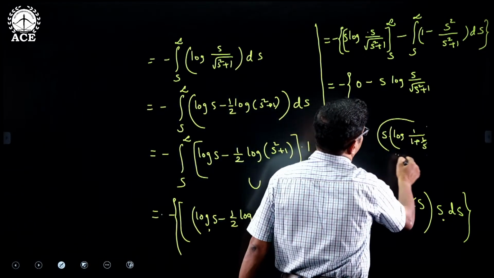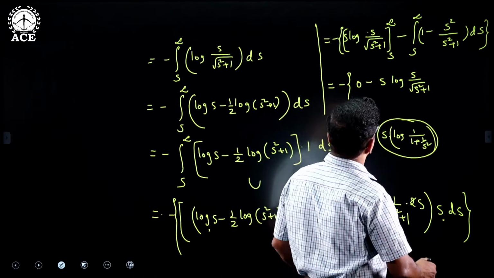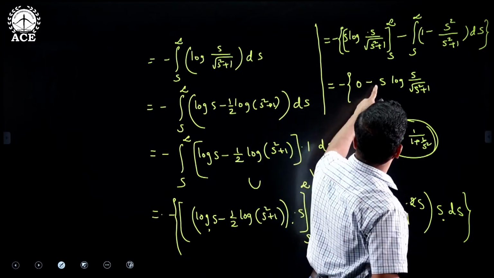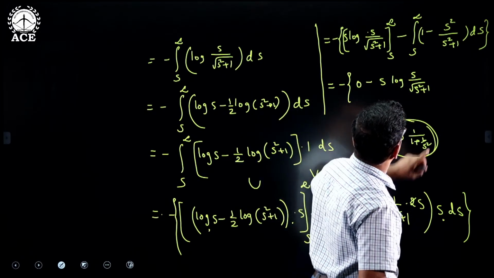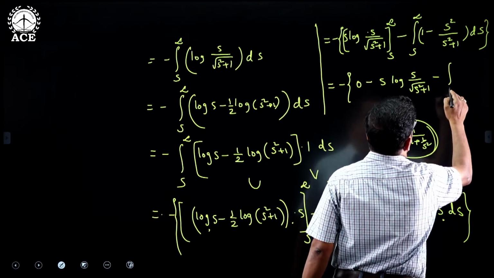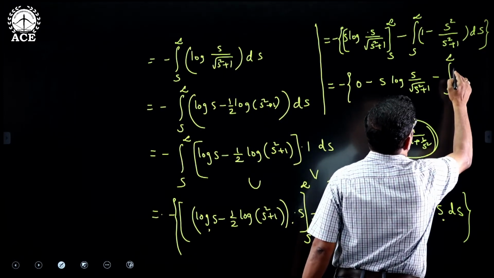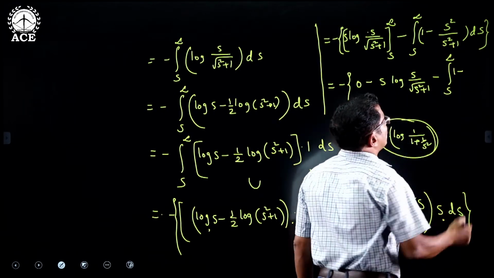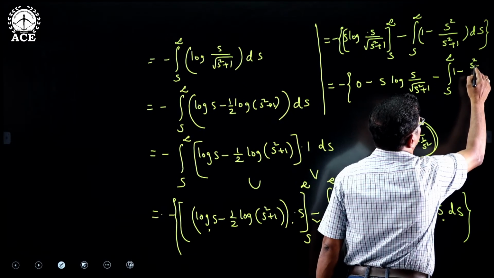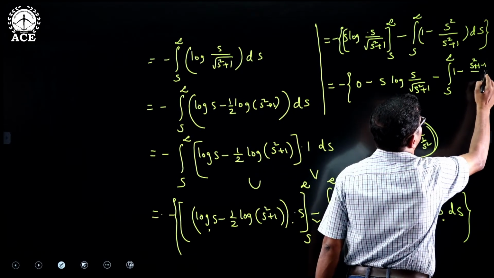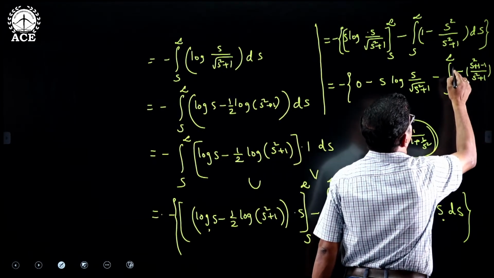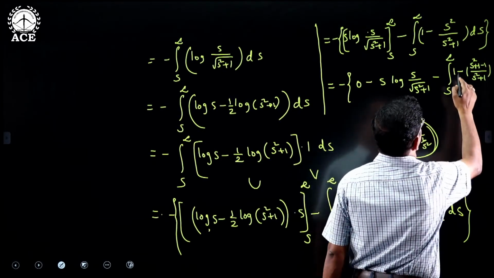So for the upper limit it is going to be 0, and for the lower limit it is s into log of s by root of s square plus 1, minus integration s to infinity of 1 minus, I am just adding 1 and subtracting 1, s square plus 1 minus 1 by s square plus 1 into ds.